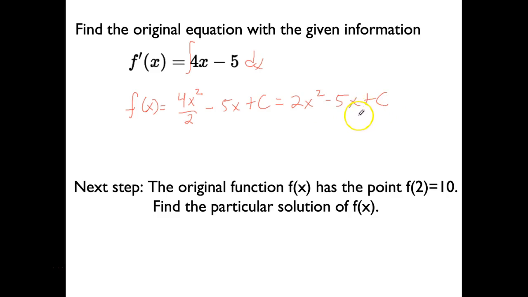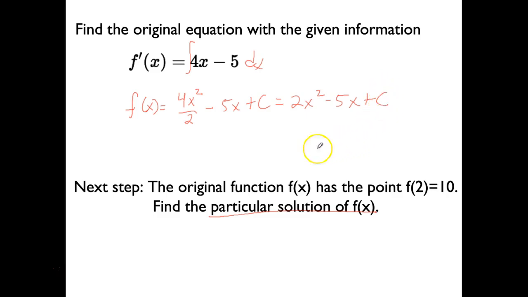Now a particular solution, which is what the next step asks us to do, is to find the particular solution of f of x, means you're going to find the exact answer that it is. So right now it could be one of infinite answers because c could be any number there is, right? So what we're going to do is figure out what that number is.